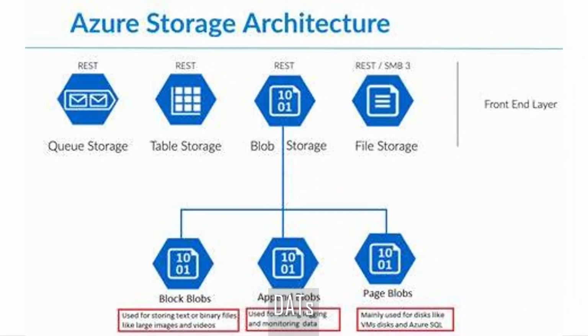And if you look at the Azure Storage architecture, you can see that it has queue storage, table storage, blob storage, file storage. We checked what is queue storage. We also understood what is table storage, the blob storage, then file storage. Within blob, we have block blobs, append blobs, and page blobs.